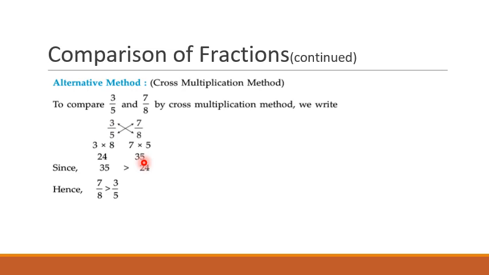Now let's compare these numbers. Since 35 is greater than 24, the fraction 7 by 8 is greater than 3 by 5. In this way we can compare two fractions by cross multiplication.